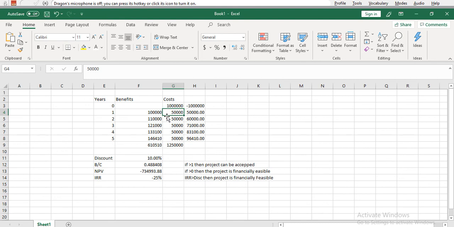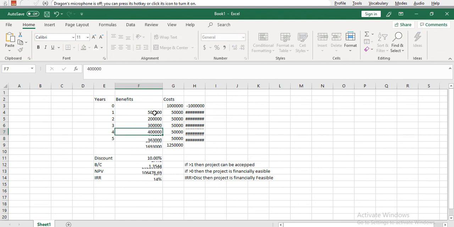So we change the kind of benefits it makes: maybe 500,000 in the first year, 200,000 in the second year, 300,000 in the third year, 400,000 in the fourth year, and 500,000 again in the fifth year. This is how we calculate.